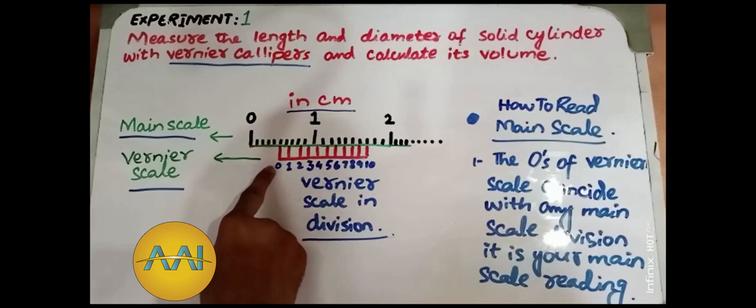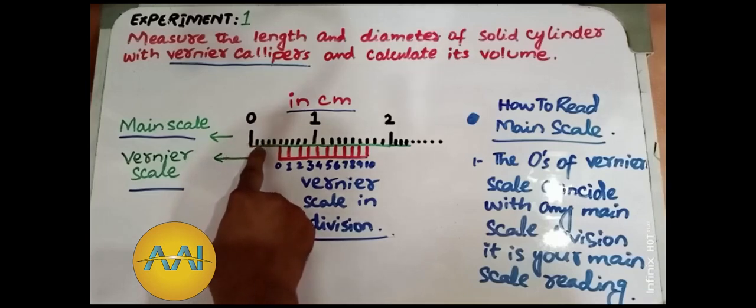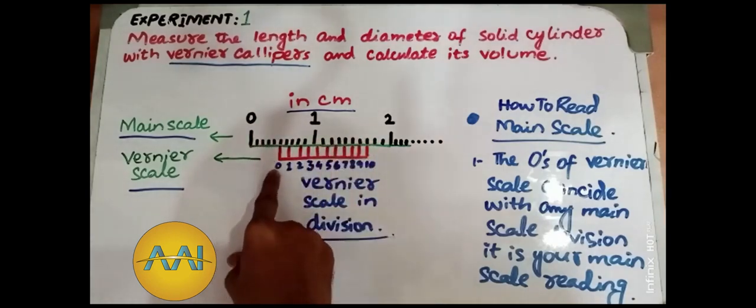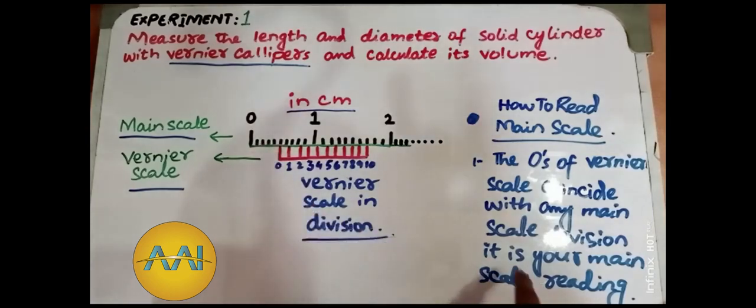The zero of the vernier scale coincides with a division of the main scale. This is a division, this zero after zero is 0.1. This is called another division, and so on. So the division of the main scale that the zero of the vernier scale coincides with is your main scale reading. That is what I am trying to make you understand.